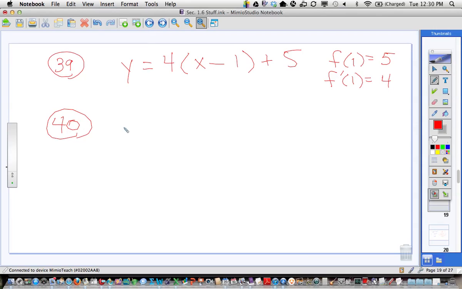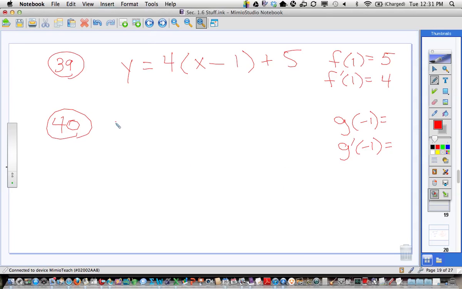So on 40, they wanted the tangent line equation of G at -1. So in that one, you would need G of -1, and you would need G prime of -1. So now look at the G graph, which is what? The top left one of that group of 4. And so what do you notice about the G graph?